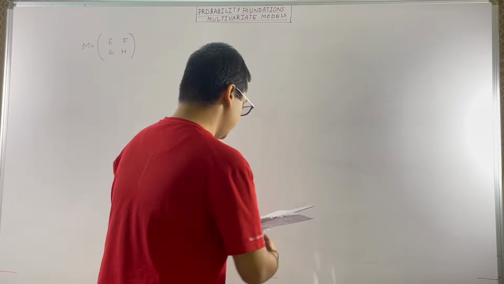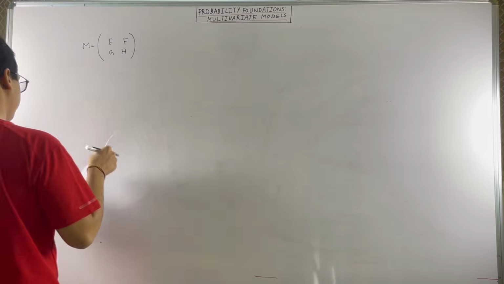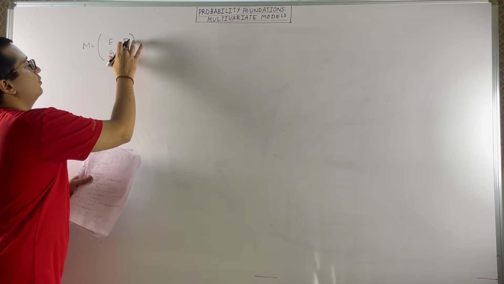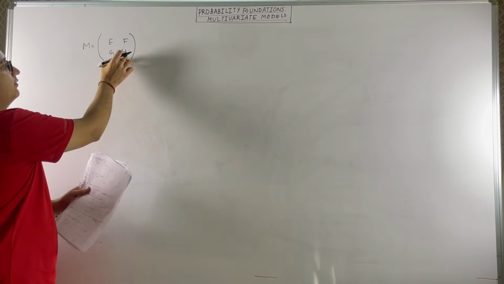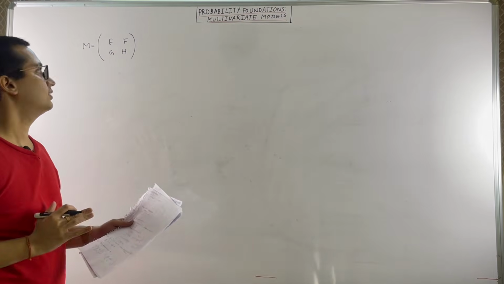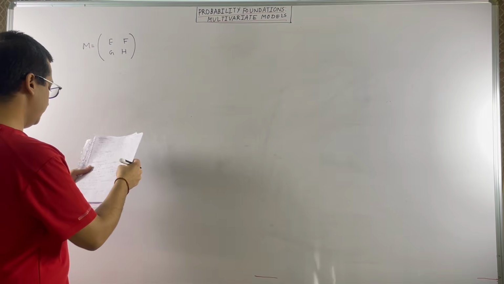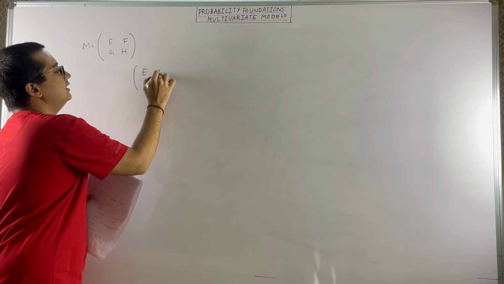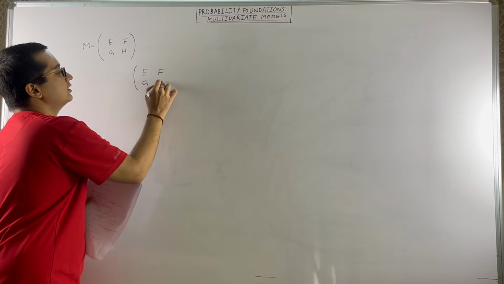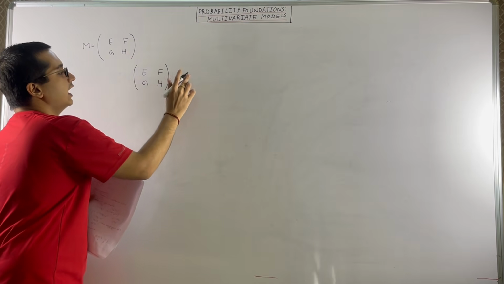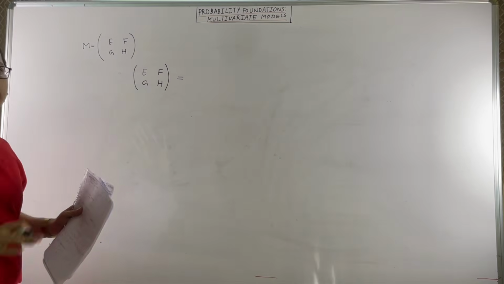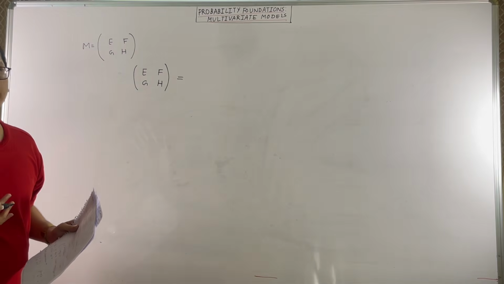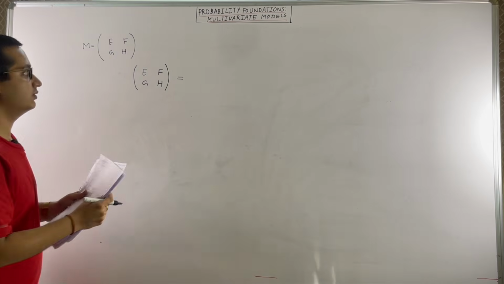What I'm trying to say is, for example, let's say I want to transform this M into a special structure. Okay, what do I mean by that? So see, I have E, F and G, H, right? And I want to bring in zeros in the non-diagonal places. So how can I do that?